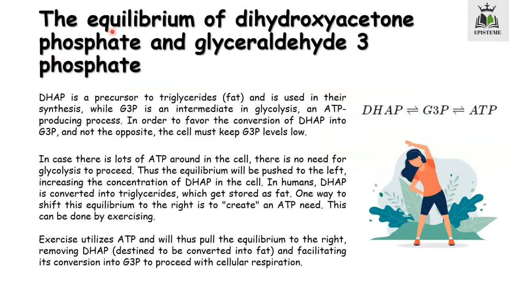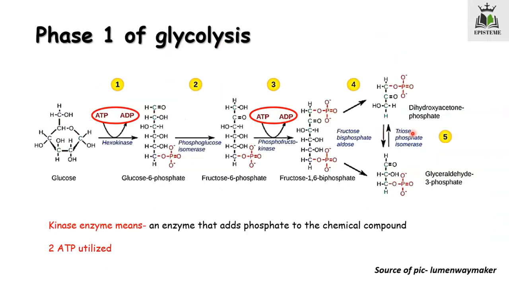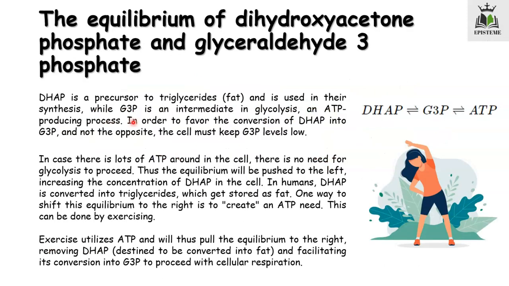Now we will briefly discuss the equilibrium of dihydroxyacetone phosphate and glyceraldehyde 3-phosphate. You saw that here we have two arrows, that means these compounds are interconvertible, and now we will discuss in which conditions this will occur. DHAP, or dihydroxyacetone phosphate, is a precursor of triglyceride and is used for its synthesis.